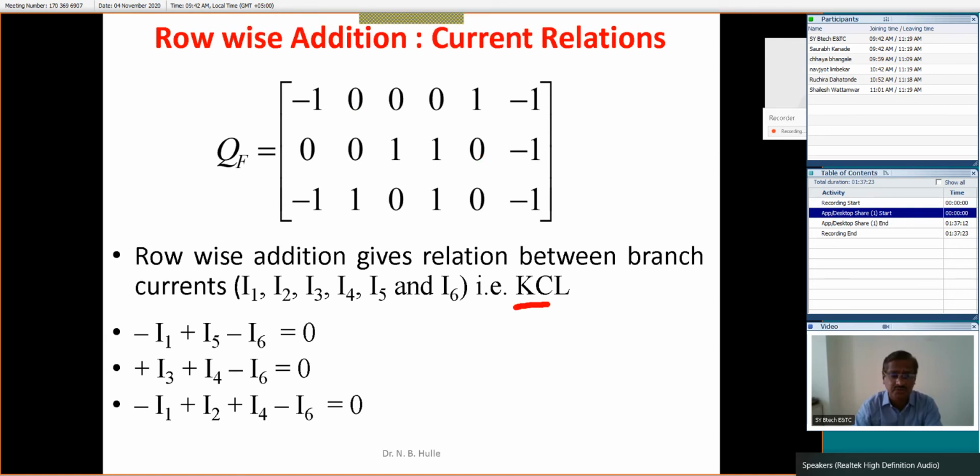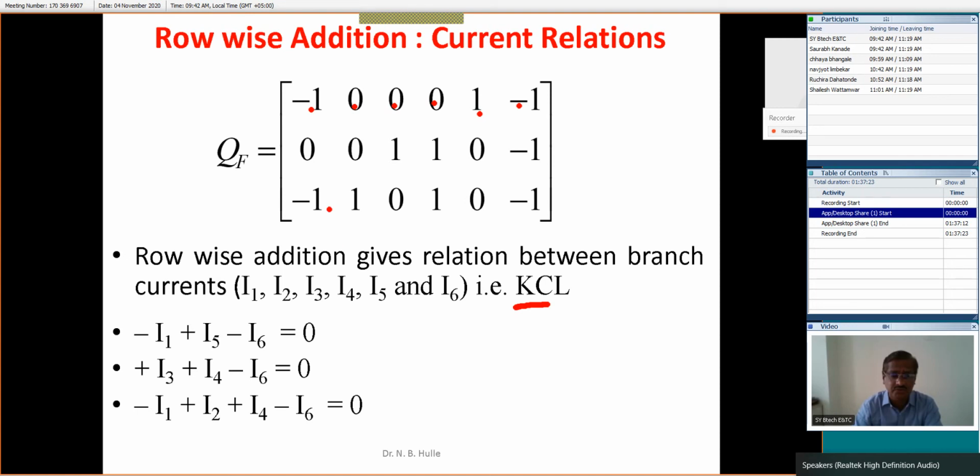How is the KCL? If I am adding, this is minus I1, because I1, I2, I3, I4 are the branch currents. Row wise addition gives the relation between the branch currents I1 to I6, which is KCL. Here it is minus I1, 0 I2, 0 I3, 0 I4, plus I5 and minus I6, which is equal to 0, the application of KCL at that particular node.